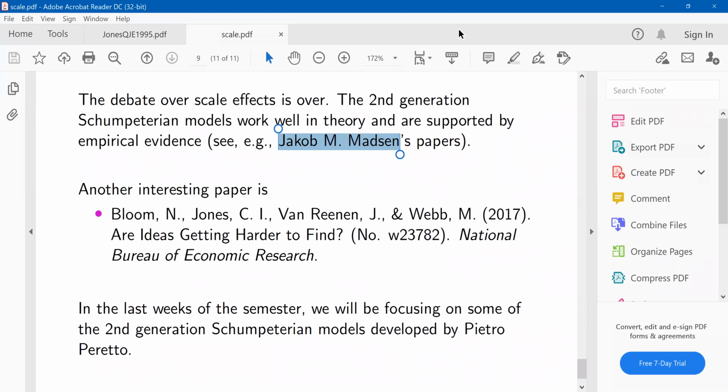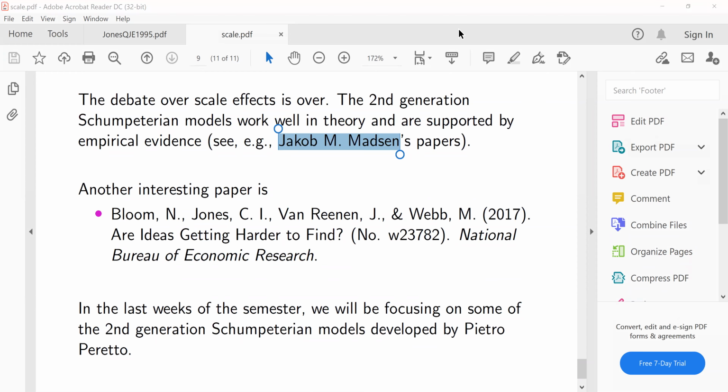Now, what I want to do in the next hour is to show you a simple logic of a second generation Schumpeterian model with slightly more complex stuff, continuing with our discussion in chapter 4, chapter 4 of Aghion and Howitt. So let me pause here for your questions and comments, if any.